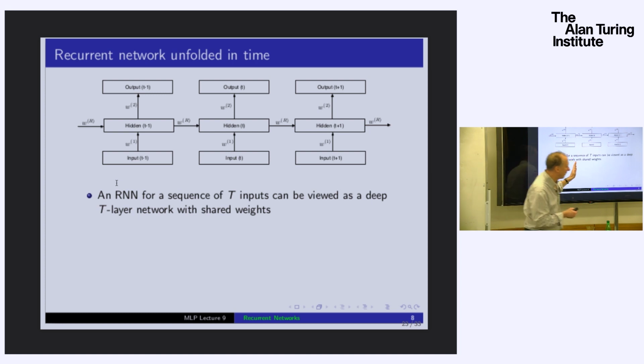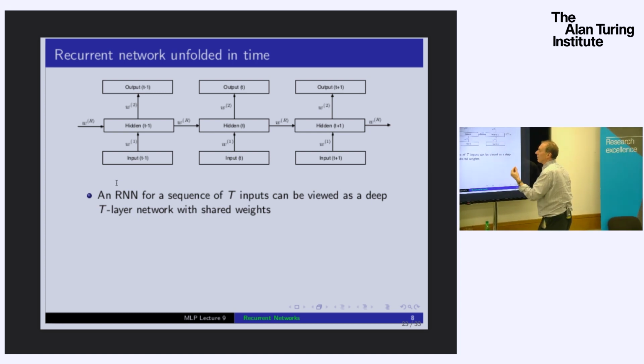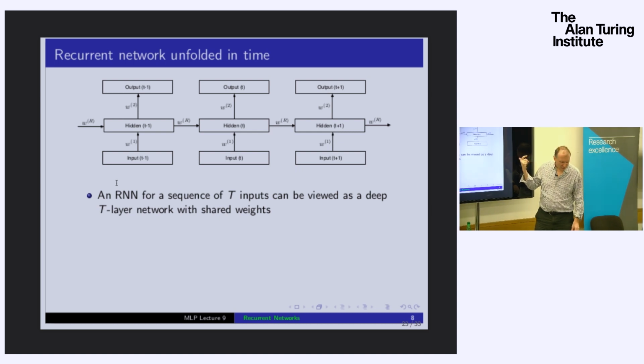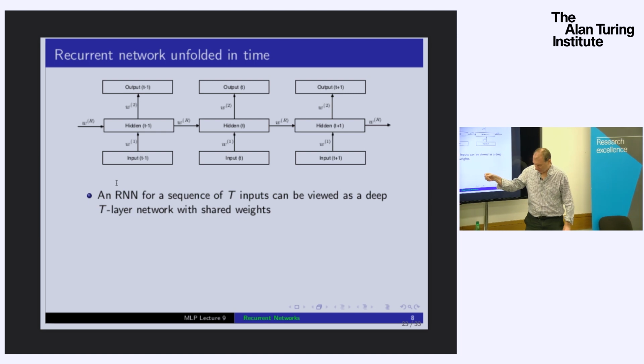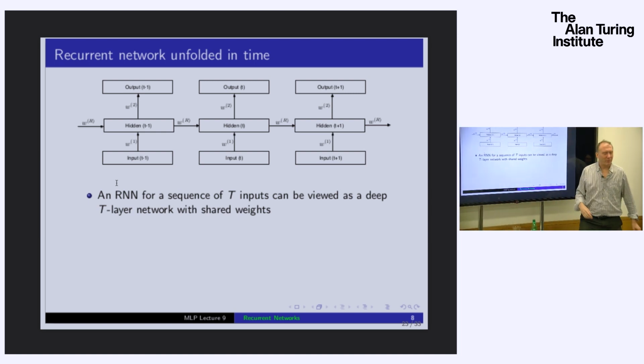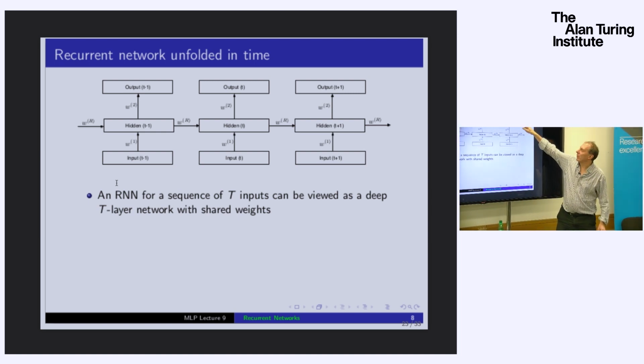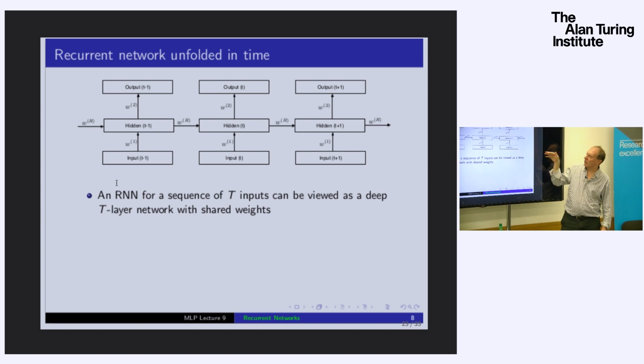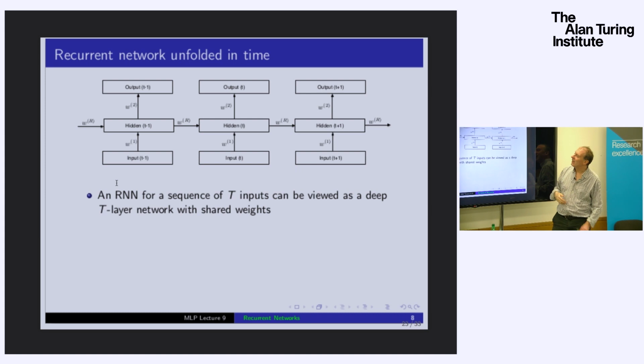We can just keep doing it. So this is the next time, t plus 1, and so on. So we can think about unrolling this network like this. And one reason that's interesting is you can think of this as a deep neural net, where you started off, say, with inputs way over here at time 1, and now you're getting some output at time t plus 1 that depends on that whole sequence of inputs, including, potentially at least, those early inputs.